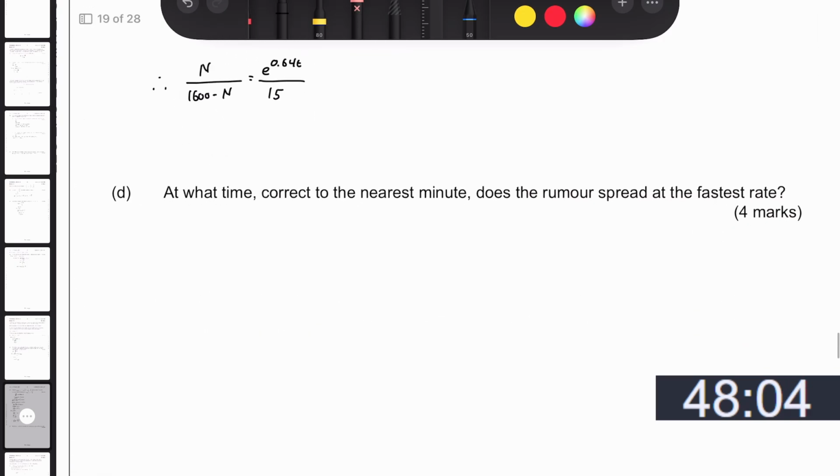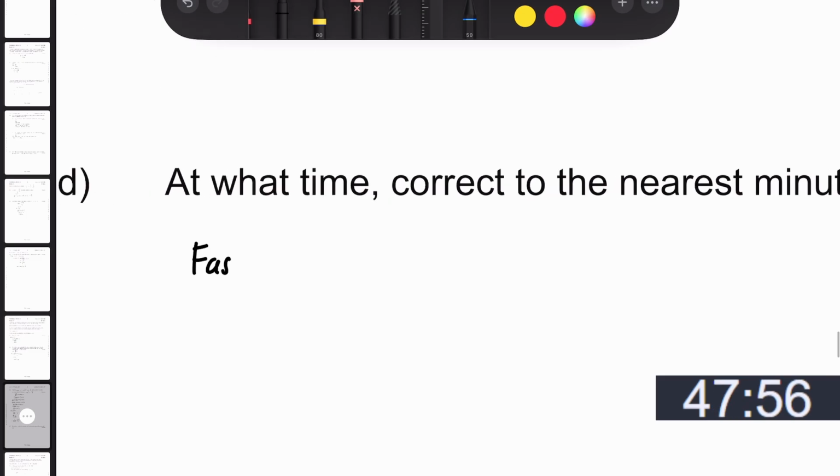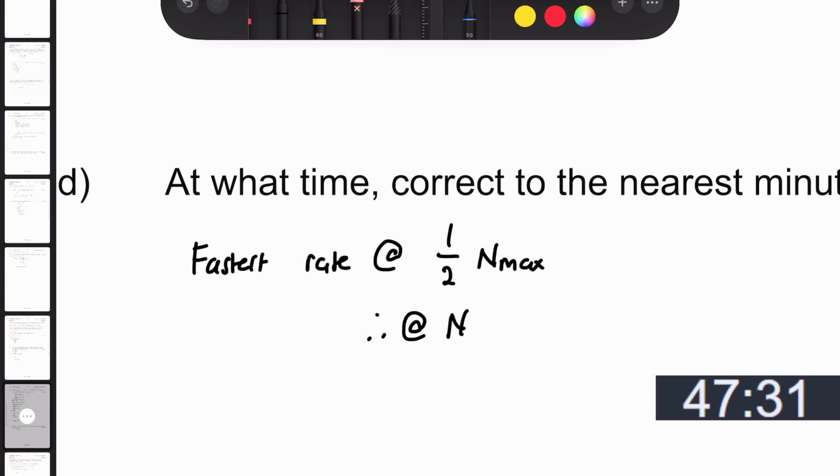Alright, at what time does the rumour spread at the fastest rate? So fastest rate at half of the population, half of n max, when n is equal to 800.